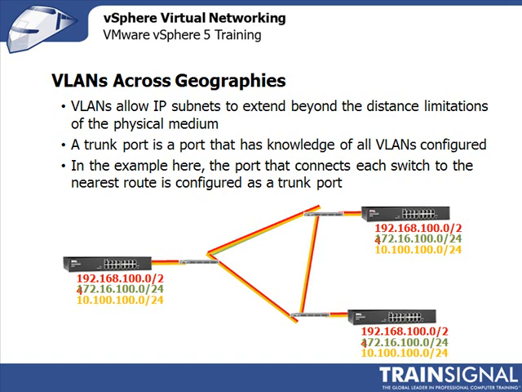Now, this is where advanced VLAN configurations come into place, where you can have certain ports on physical switches that are considered trunk ports. A trunk port, in essence, is a port that has knowledge of other VLANs that exist on other switches. By having those trunk ports, you've made the VLANs that are available on the other switches accessible to this VLAN. Now it can route traffic to it, it can pass communication across it.